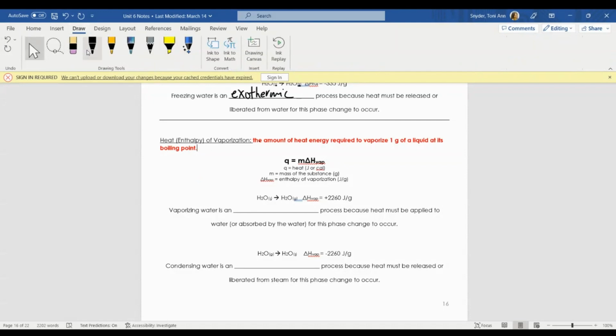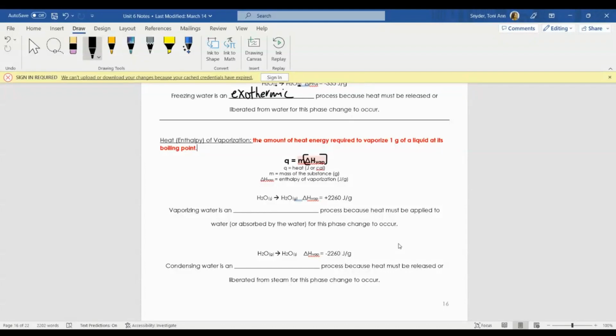So let's consider here the same exact equation. The only thing you're changing is this value, because remember, this delta H of vaporization depends on the nature of the material itself. That includes intermolecular forces and all of that.